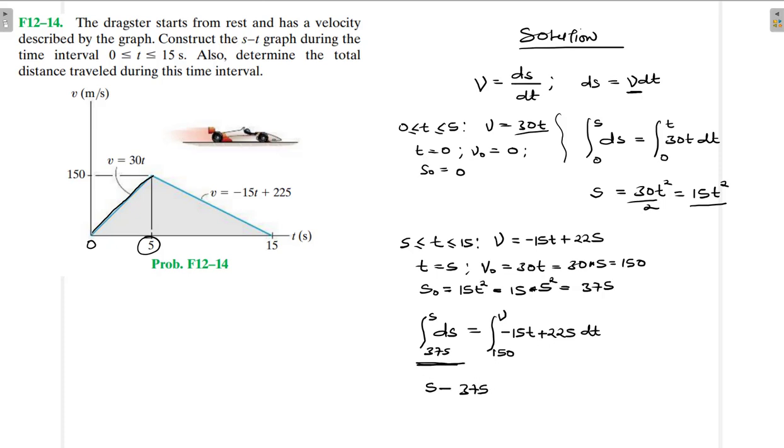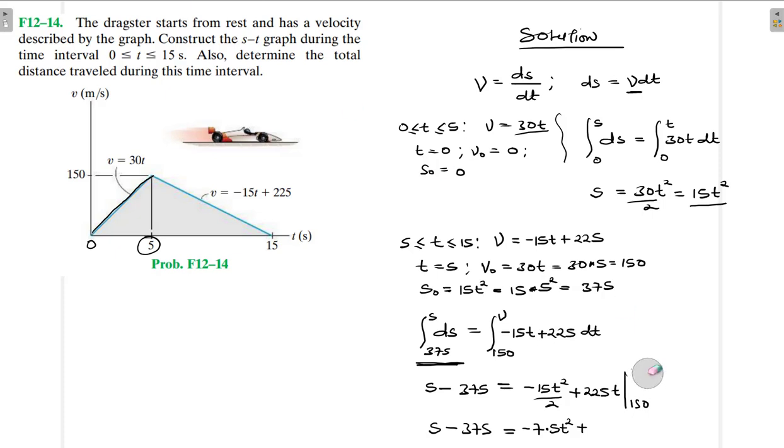We did the integration on this side, and it will be minus 15t squared over 2 plus 225t, with 150 there. So here it will give us s minus 375 is equal to negative 7.5t squared plus, sorry, this is time.